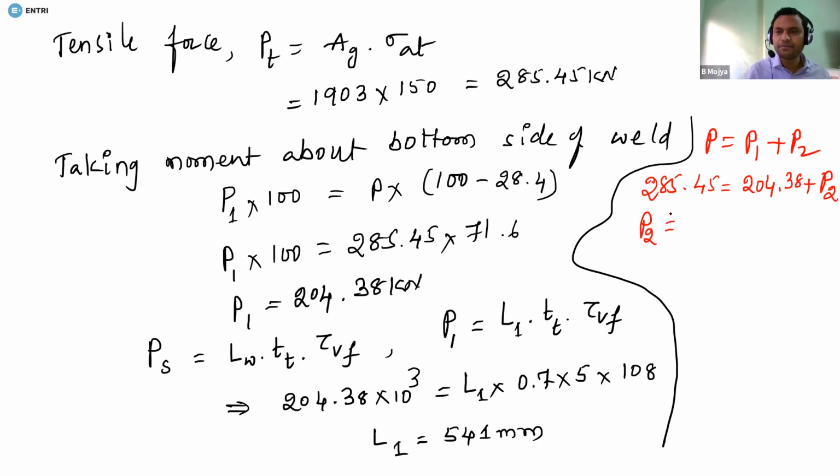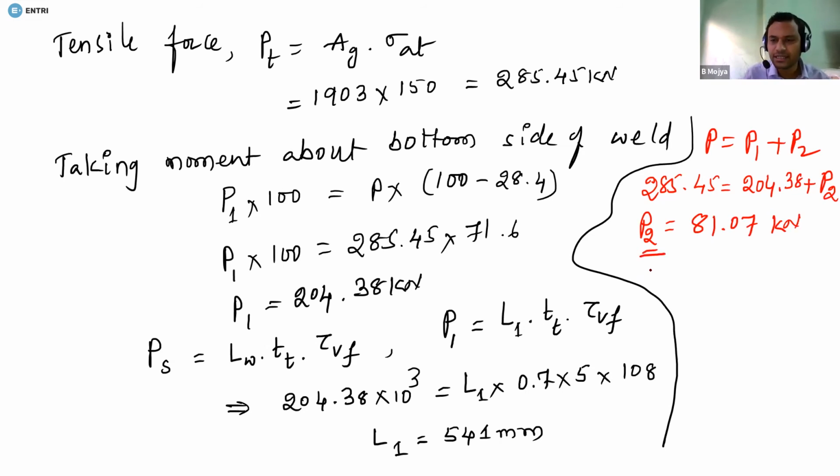From this you have to find P2. I guess it is approximately 81. Let me check: 285.45 minus 204.38 gives 81.07 kilonewtons. Corresponding to this P2, you would get L2.